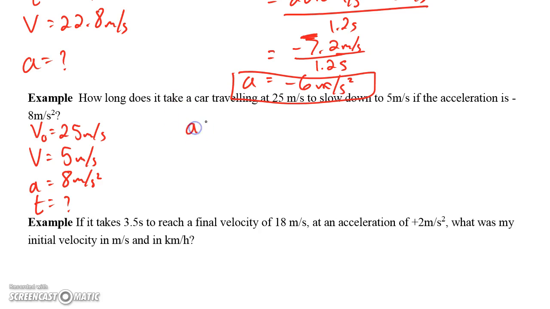Start with our original equation. Acceleration is change in V over time. We can drop our vectors because we're not dealing with north, south, east, west, up, down, left, right, and so on and so forth. So we've got to rearrange this equation. I'm going to do it in 2 steps. We have to multiply by time first, and then we're going to divide by acceleration.